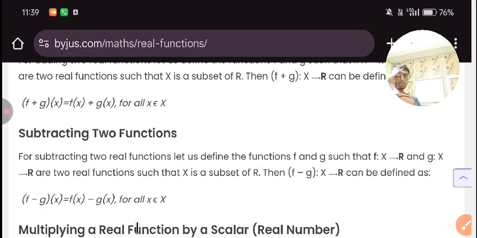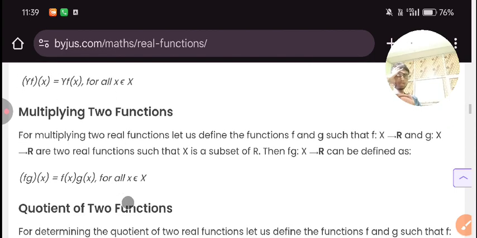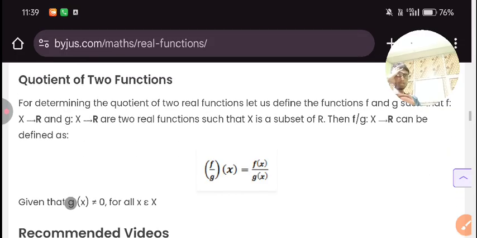Subtracting two functions, just like that. Subtract. Multiplying, just multiply. Quotient of two functions, (f upon g)(x) is f(x) upon g(x).